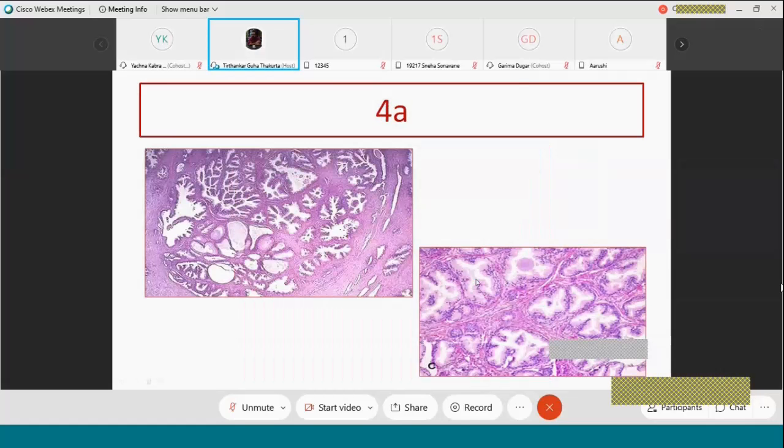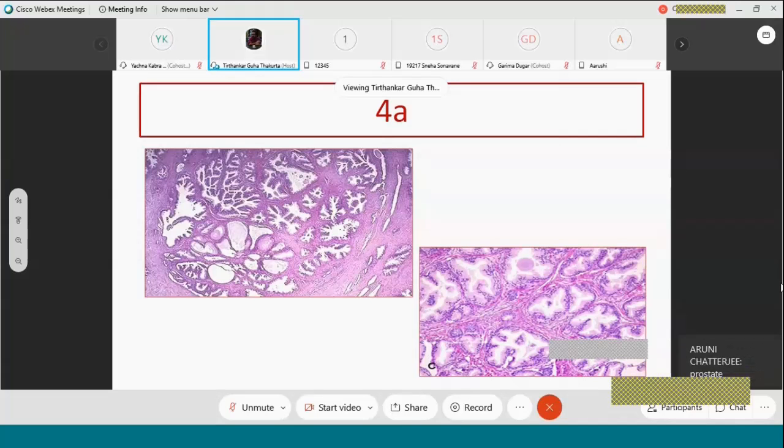Identify the organ first. What is the organ? So we have branching glands present in a fibromuscular stroma with the fibers running in different directions. So this is prostate.